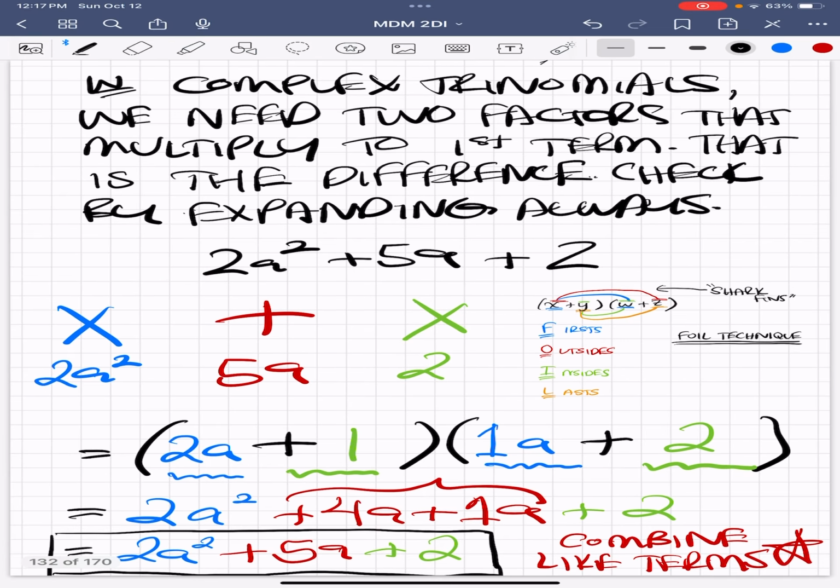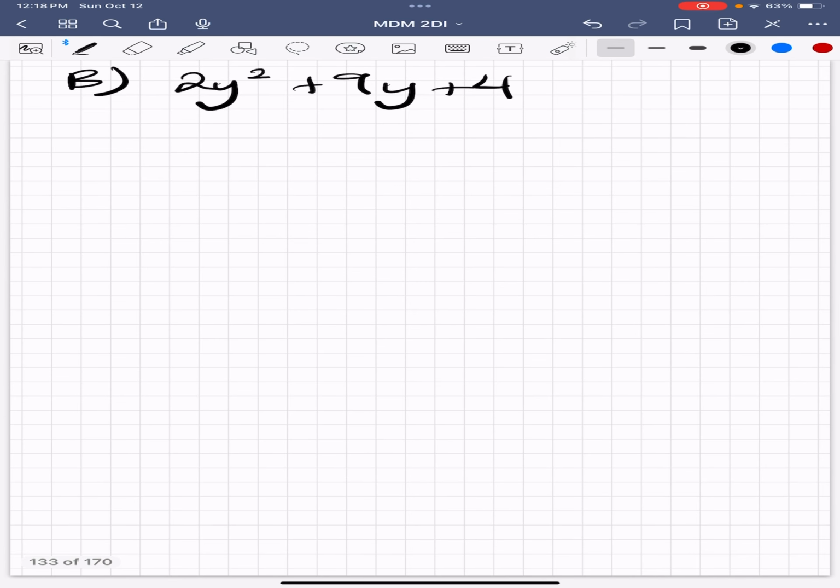This expression is already done, so I just wanted to take you through a question that was already completed, so you can see what goes on where. Alright, time to start. So we have set up our brackets.